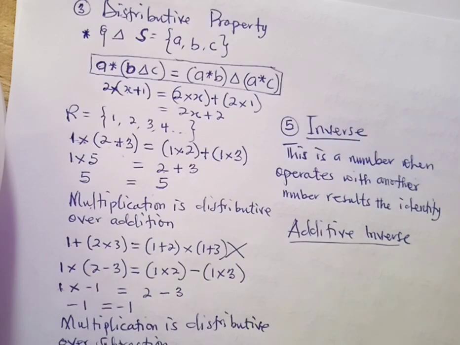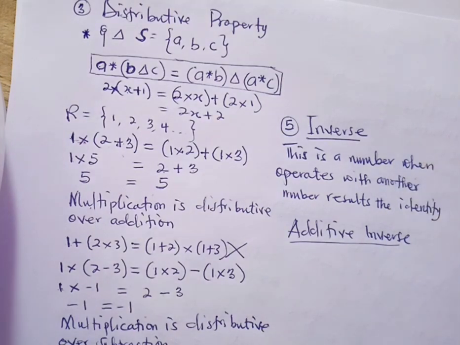So if the additive identity is 0, then we are talking about the additive inverse, a number that when added to a number gives the additive identity. So probably for the additive inverse, it is the opposite of a number.